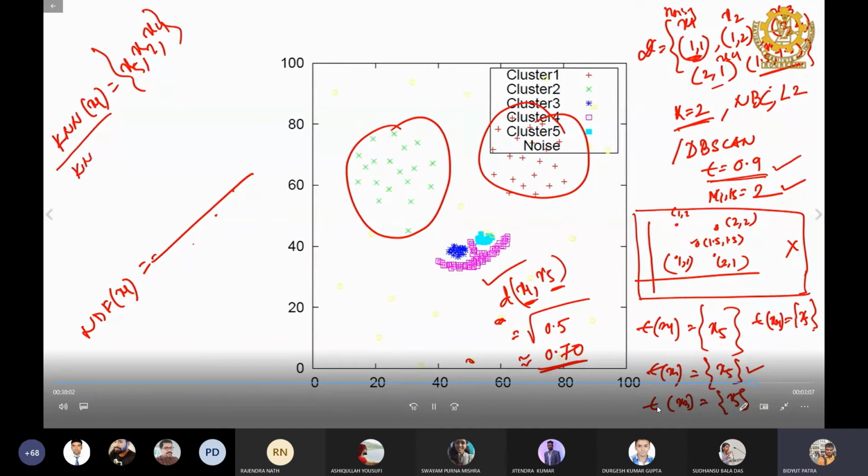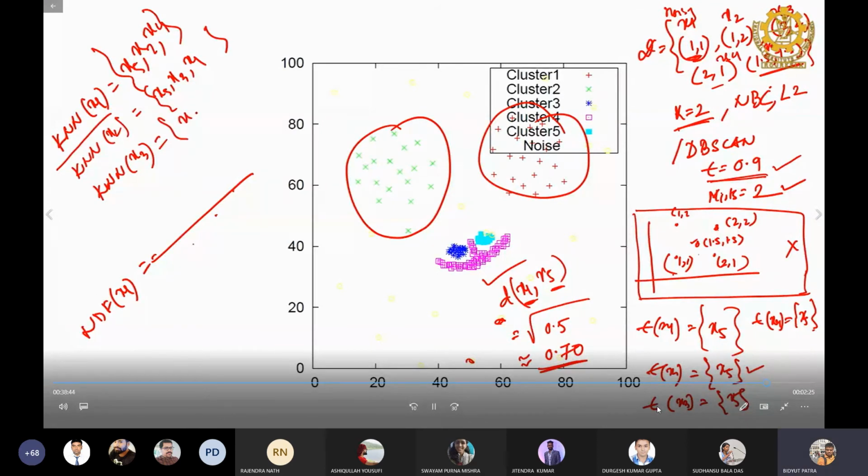Similarly, you find the KNN of x2. 1, 2 is here. So this will be 2, 2 and 1, 1, and this will be x5. 2, 2 is x3. So x5, x3 and x1. Then the KNN of x3, which is 2, 2: 1, 2 is which point? x2, x5 and x4.